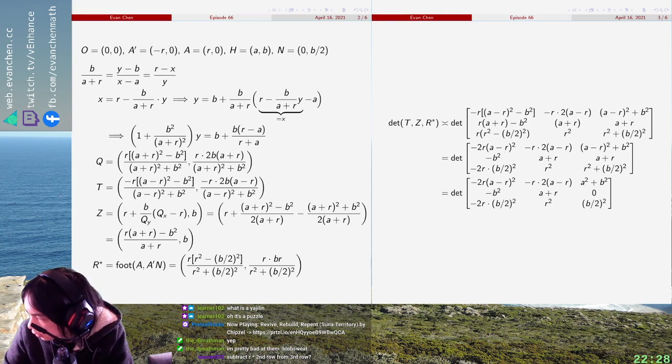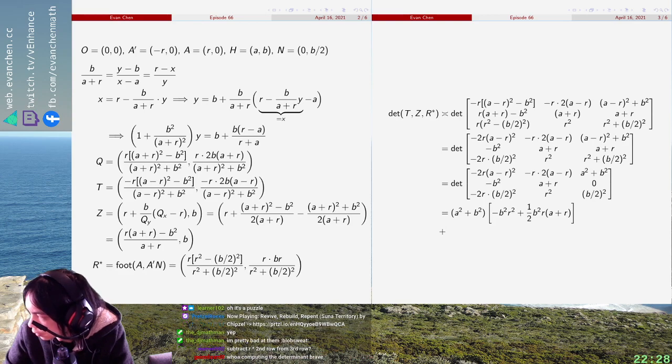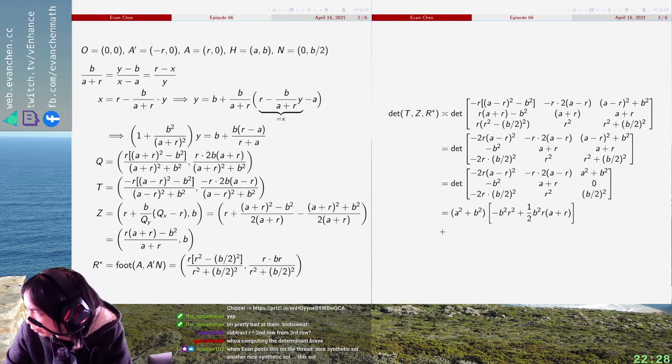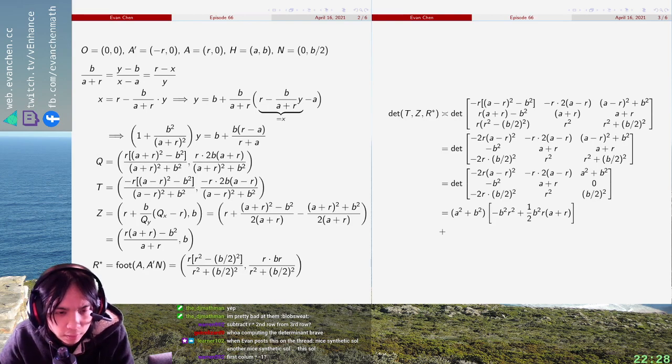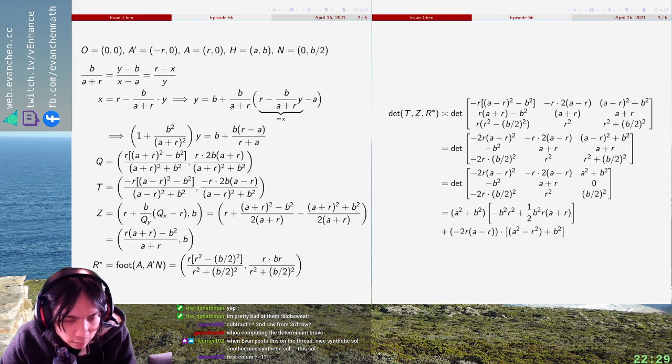Plus. Okay, so that's one term, and the next term is 1/4 b squared a minus r squared, minus 2r a minus r. Okay, does everything cancel?